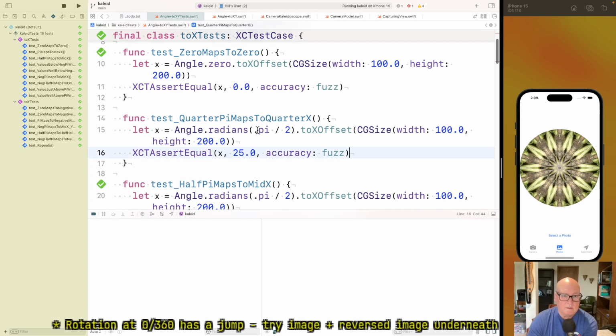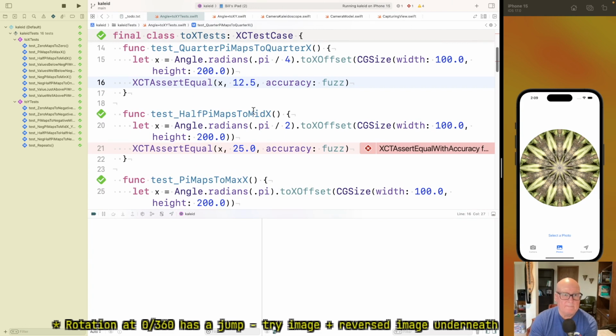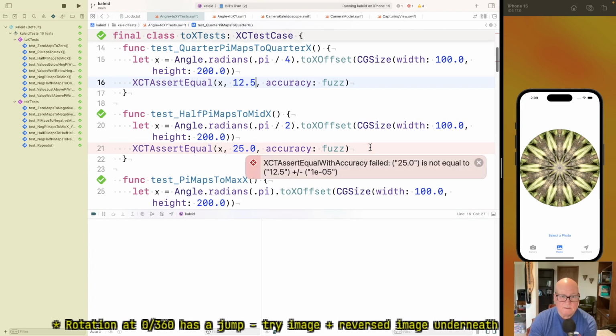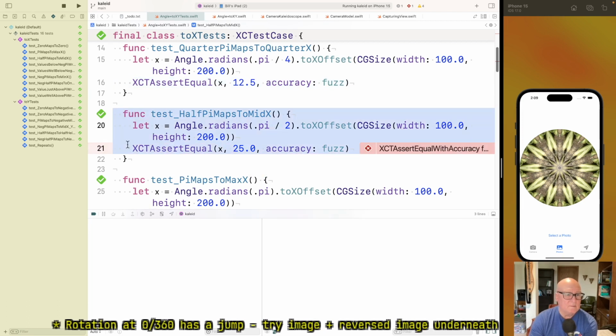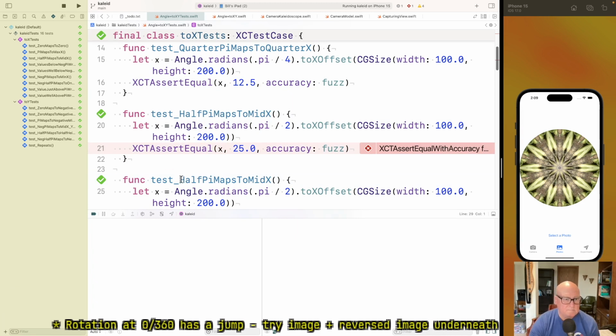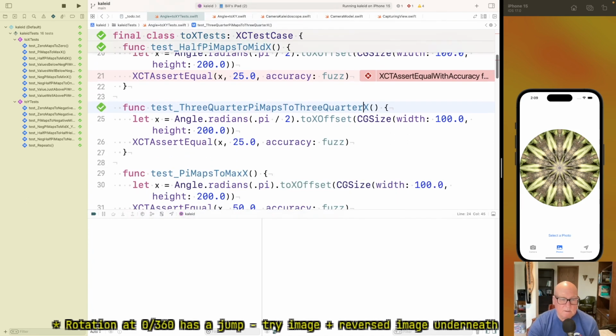All right, so this is pi over 4, should be 12.5. Okay, half pi maps to mid x, and then 3/4 pi maps to 3/4 x. All right.